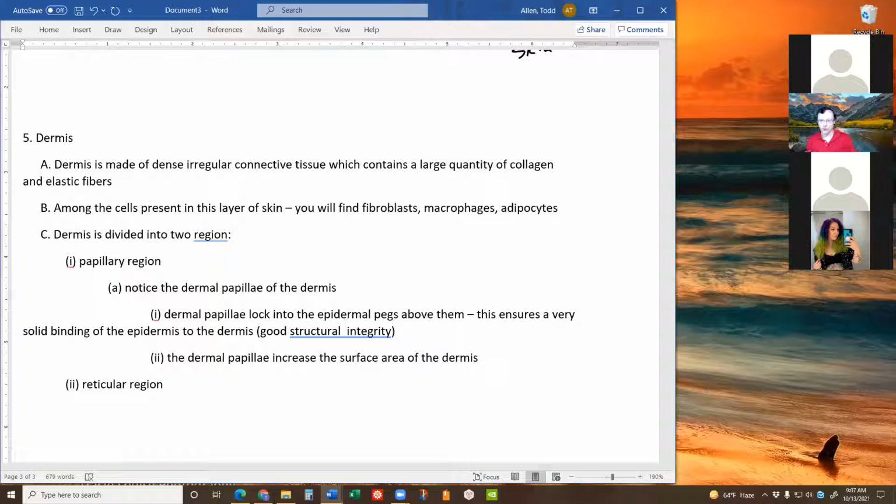And with a larger surface area, we can do things. So let me show you some of the things that Mother Nature has accomplished with the increased surface area due to these structures we call the dermal papillae.